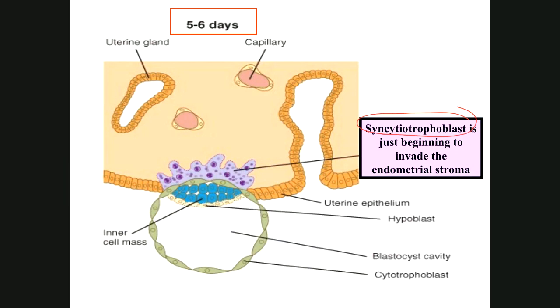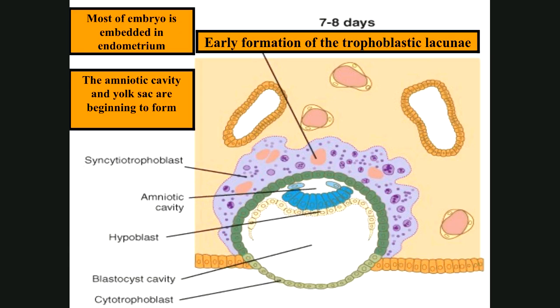This is the endometrium of the uterus. In the next slide, you can see the early formation of trophoblastic lacunae, which I just explained to you. As this lacuna gets bigger and bigger, it burrows into the maternal endometrium, and the maternal blood vessel starts flowing its blood into it, establishing the uteroplacental circulation.